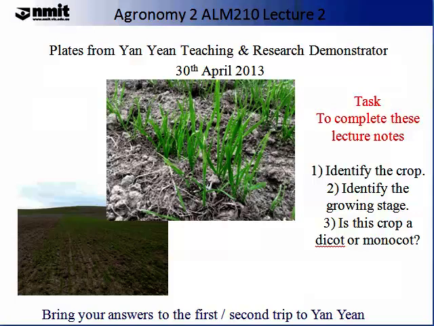Please bring your answers to the first and second trip to Yang Ying. If you are unsure what a dicot or a monocot is, then please take the time to find out and bring your answers to the next visit to Yang Ying and we will discuss. You will be able to compare the growing stage in this image, which was taken on the 30th of April 2013, with the current growing stage.